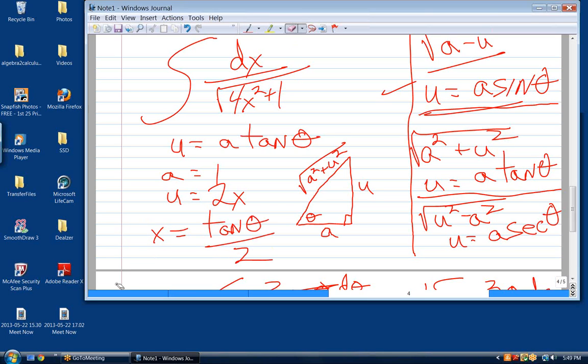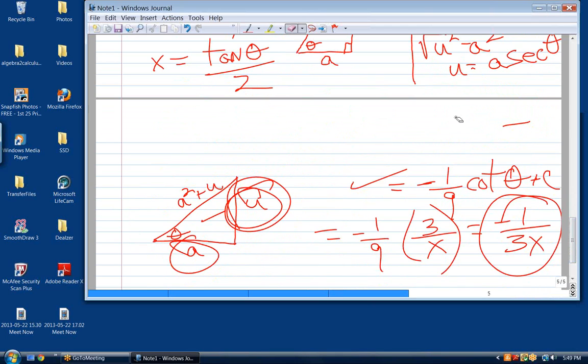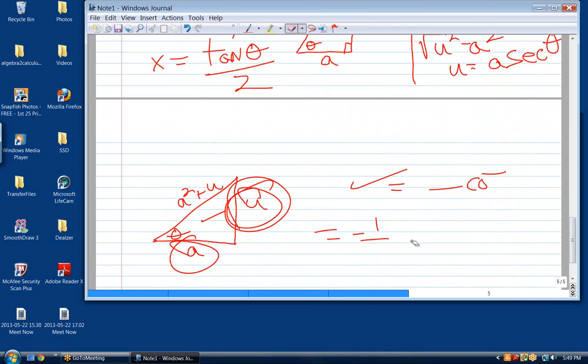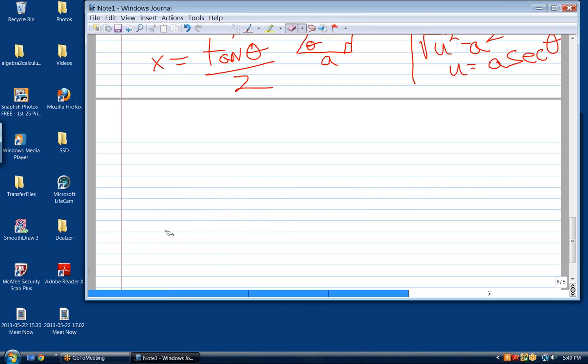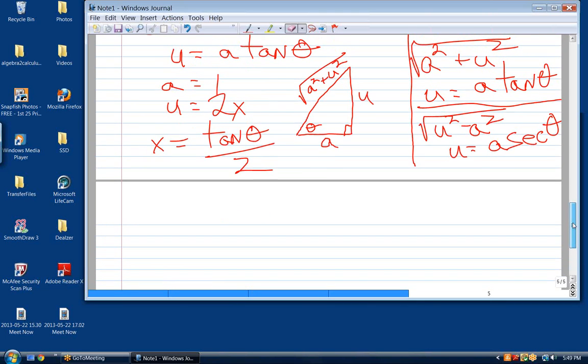Is that better? You must have been wondering, what the heck was I doing? Let me erase the rest of this stuff. And I understand trig substitution. That's how hard it is. Well, I understand it and I still can't get it right. Okay. So let's see.